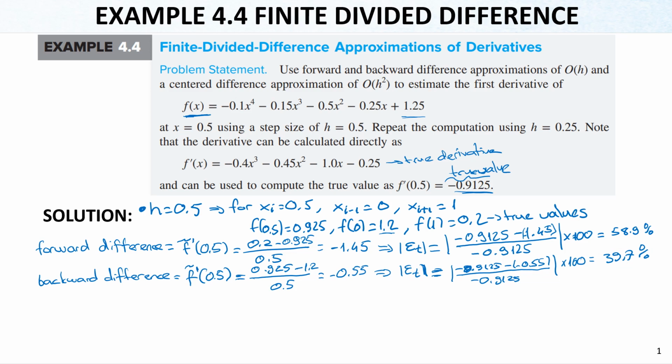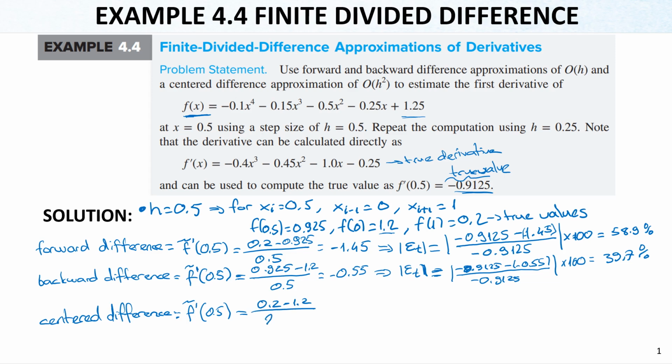And for the center difference, the result is the difference between f xi plus 1, this value, and f xi minus 1, this value, 0.2 minus 1.2, divided by the step size times 2.